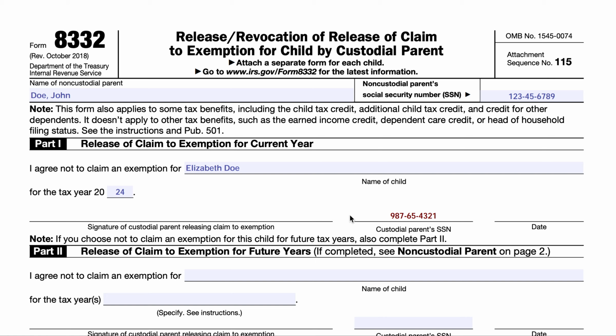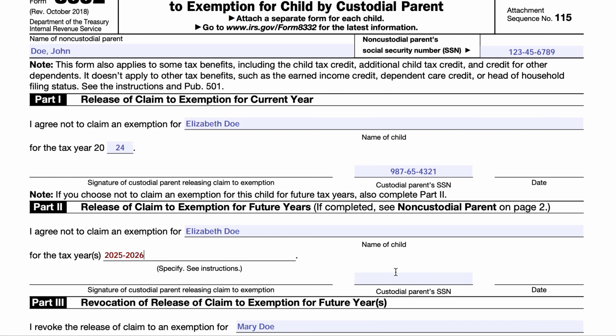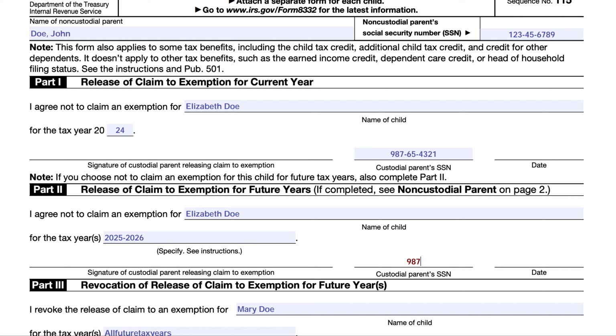So in this case, Mary Jane Doe would also complete part two. She would enter the information as follows. She would sign part two as well with her social security number and the date.